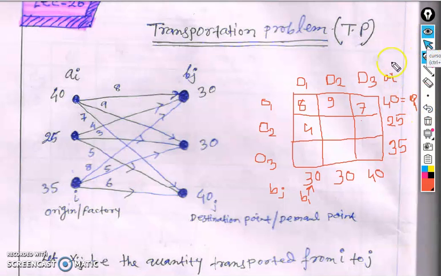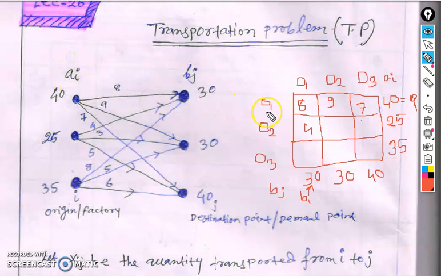How can I construct this table? O1, O2, O3 are the names of the companies, D1, D2, D3 are the names of the destination points. The first factory production is 40 units, so here we mention 40, which is nothing but A1, and the general notation for all the supplies is AI.